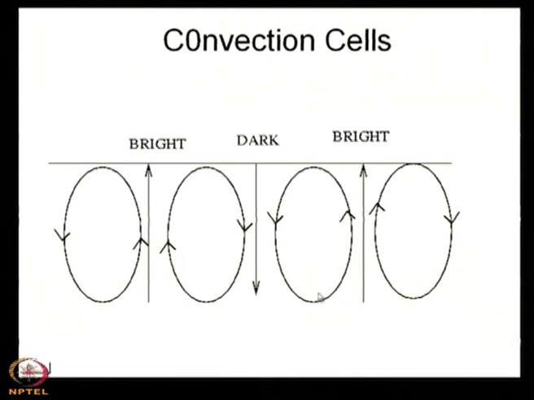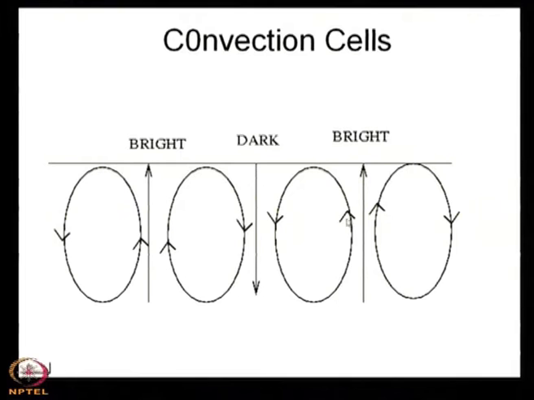So, you have this kind of cyclic motion for these bubbles, and you expect to have structures that look like this. These are convection cells. This is what happens when you have convection taking place.